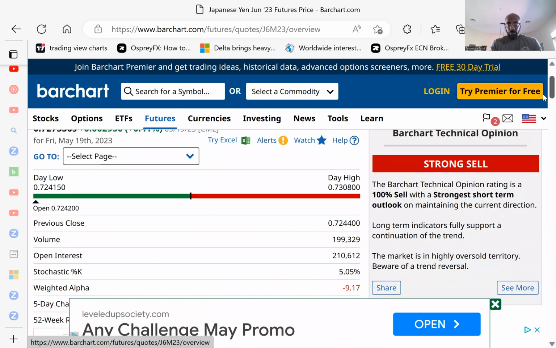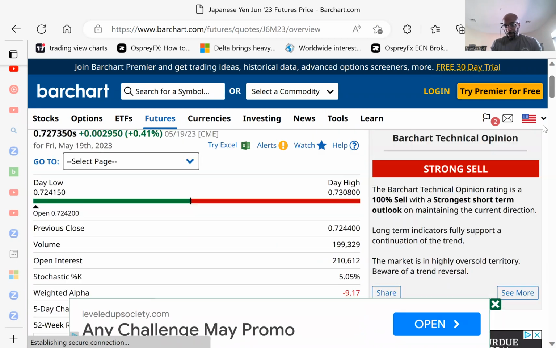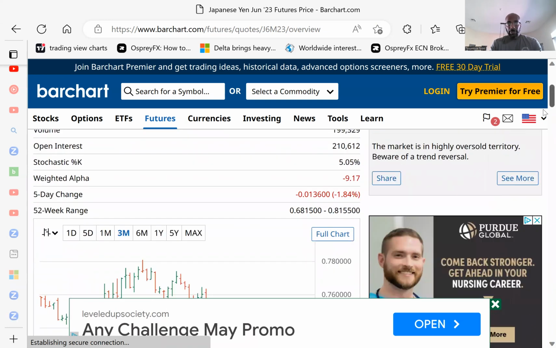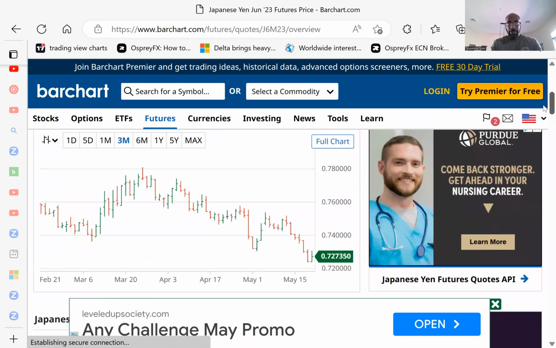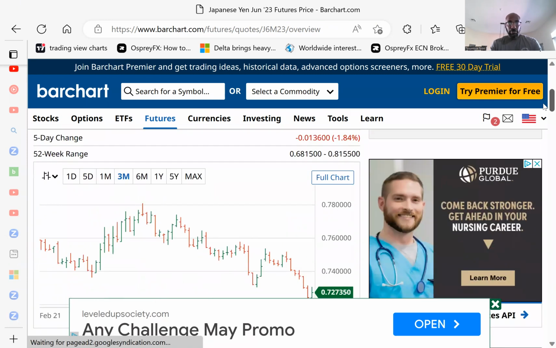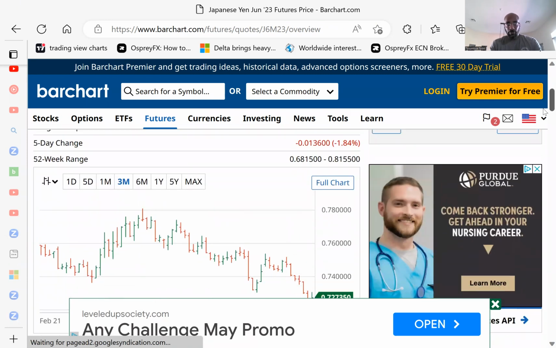Okay, you see this says this is a strong sell on the Japanese currency. That's why the other currencies are rising against the Japanese yen.